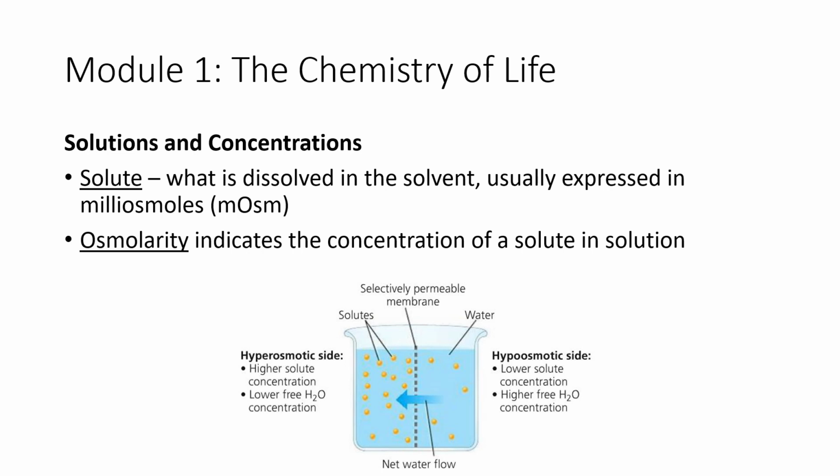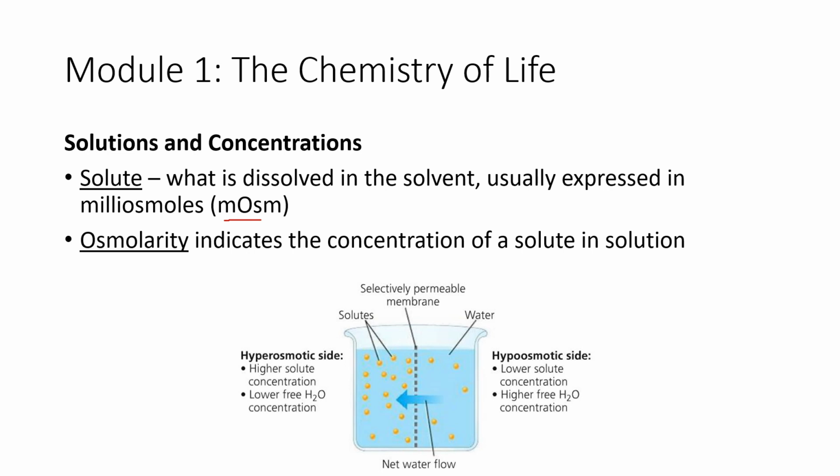Solutions and concentrations. A solute is dissolved in the solvent. And we usually express concentration in milliosmoles. And here's the little abbreviation for that. And we refer to that as osmolarity. So the osmolarity just indicates the concentration of a solute in a solution.